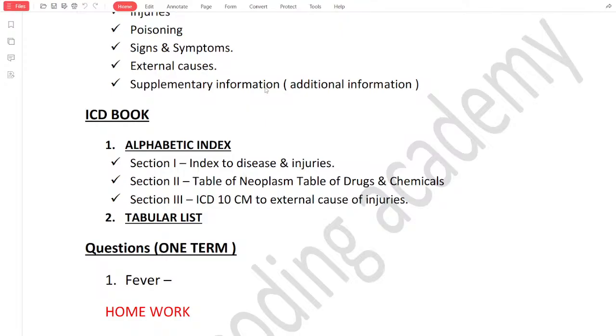Once you get a code from the alphabetic index, you check it within the tabular list. Only after that you have to code. So first of all, you take the code from the alphabetic index and check the code in the tabular list, then report the code. Clear? So this is the procedure done in the ICD book.